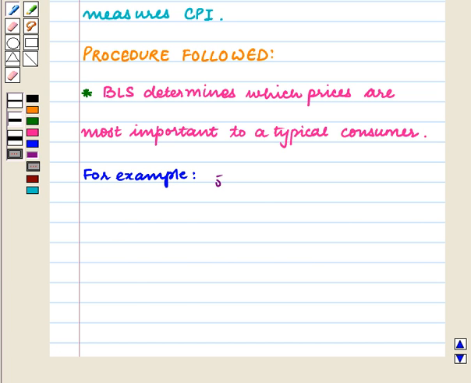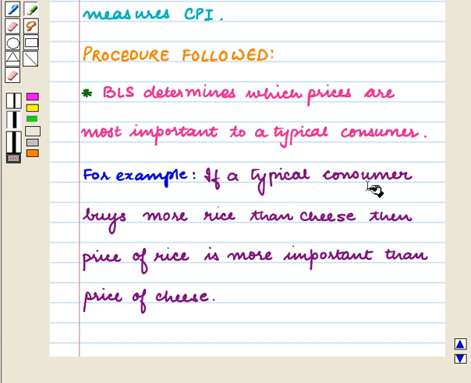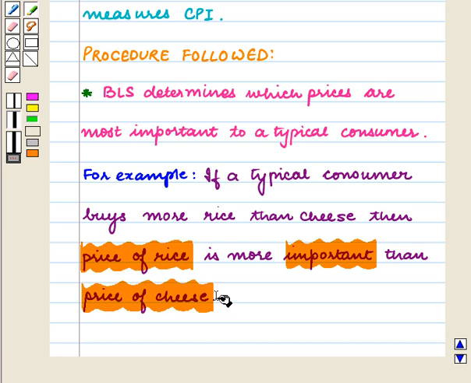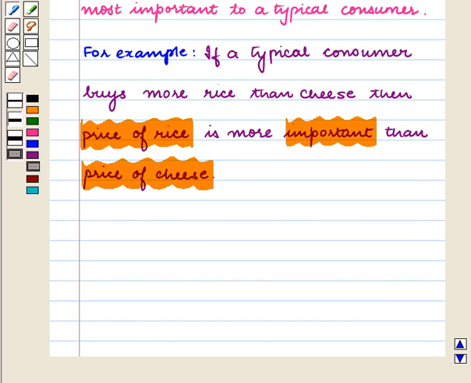For example, if a typical consumer buys more rice than cheese, then price of rice is more important than price of cheese. Thus, price of rice should be given more importance in measuring cost of living.